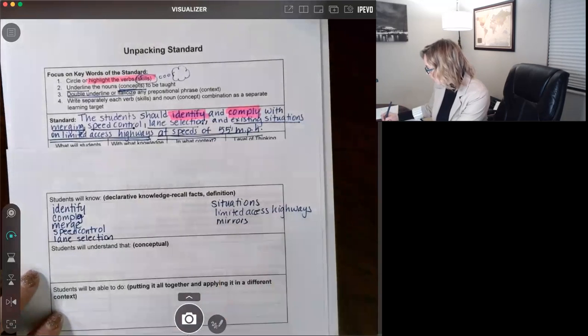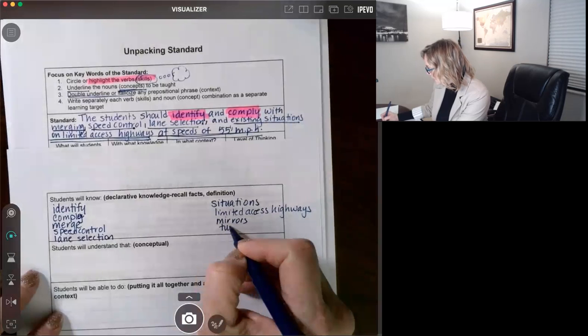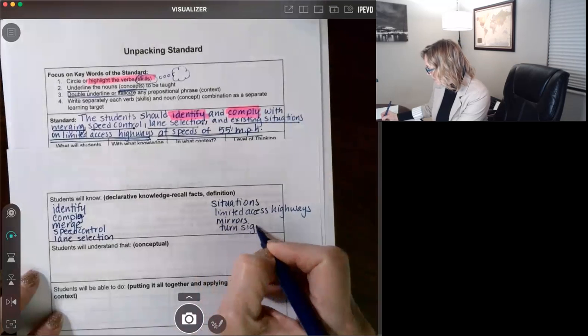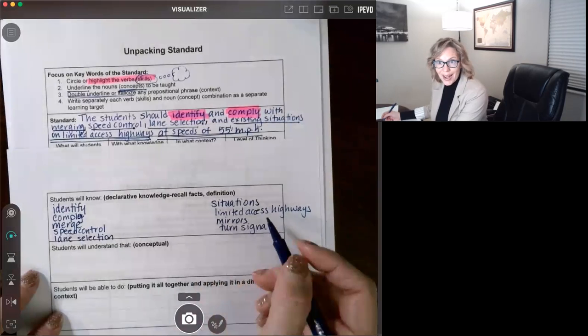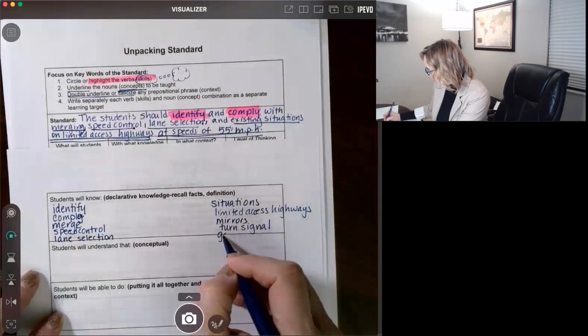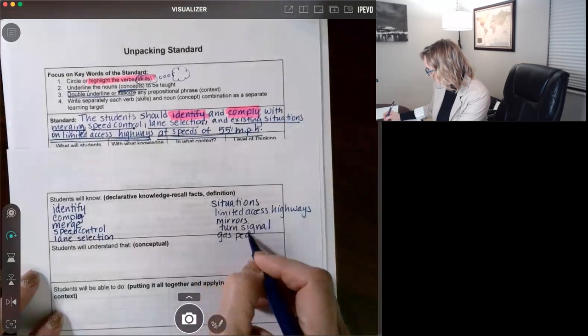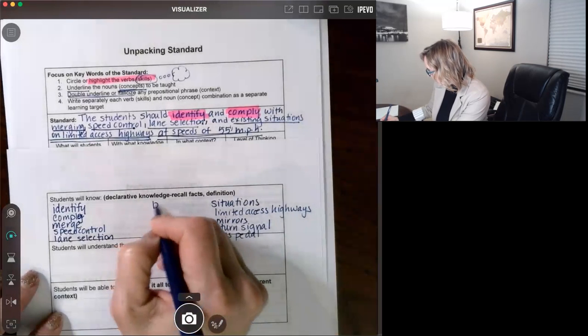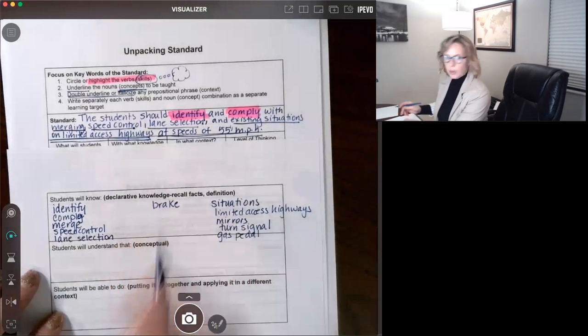You need to know where your turn signal is, and what it is, right? You need to know the gas pedal and the brake.